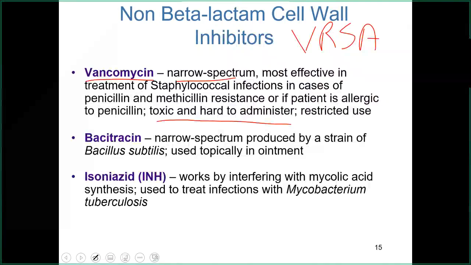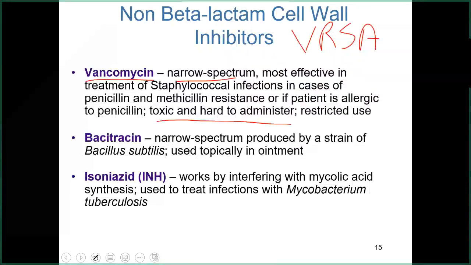Then we have bacitracin. That's a product of Bacillus subtilis, which we've actually worked with in the lab. That was before all of this hit. We were growing up some Bacillus subtilis and utilizing that to study endospores and other aspects of bacterial structure.